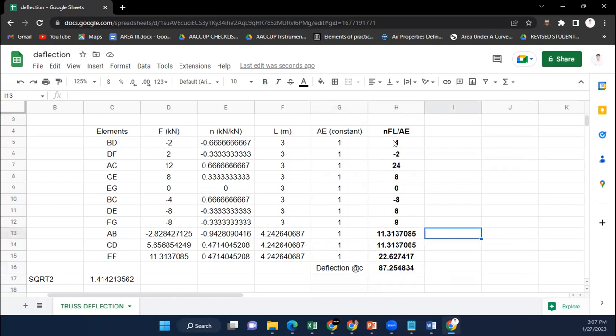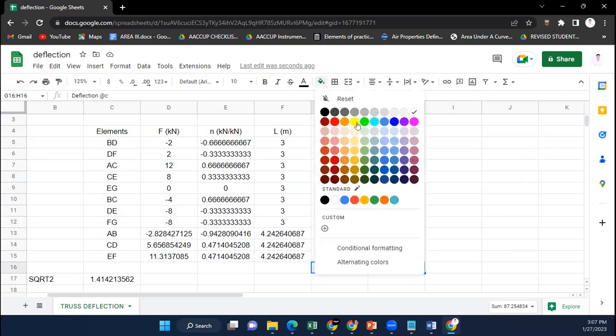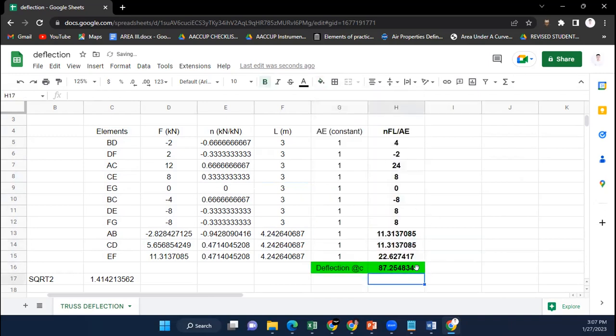So, pag mayroong mga incorrect or typo, assume nyo na itama nyo na lang dun sa solution nyo. Pero nasa malapit yung sagot kasi nasa 86 point something. Eh, hindi ako nag-cut ng decimal using this Google Sheet. Okay? So, that is your deflection at C. So, technically, over AE lang yung gagawin natin.